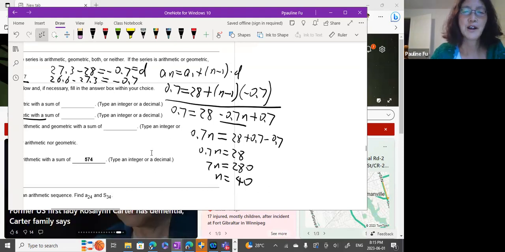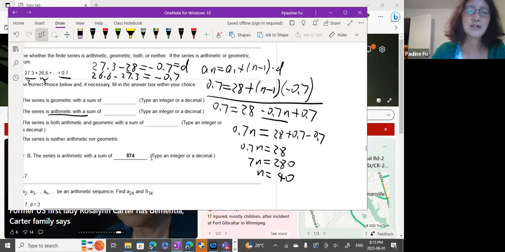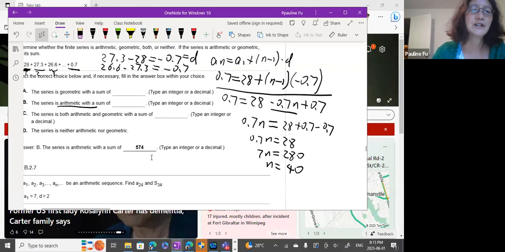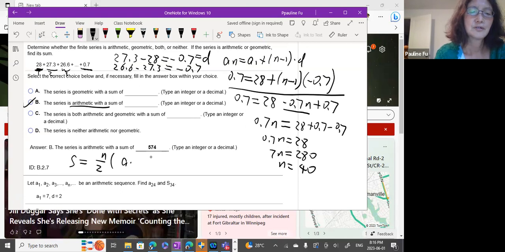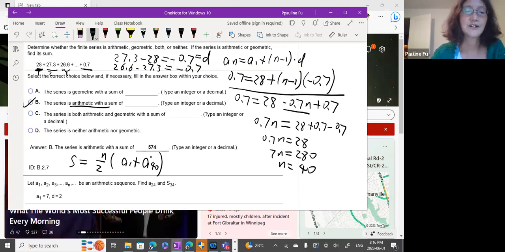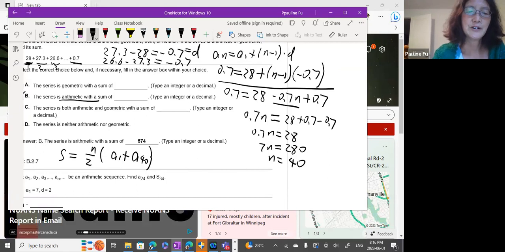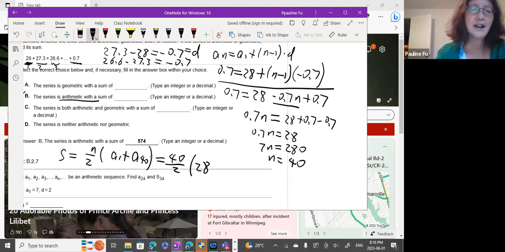Okay, and once we found n equals 40, we then use the formula S equals n over 2 times the first item plus the last item. Okay, this is one formula. There is another formula. So we know n equals 40. The first item is 28. The last item is 0.7.